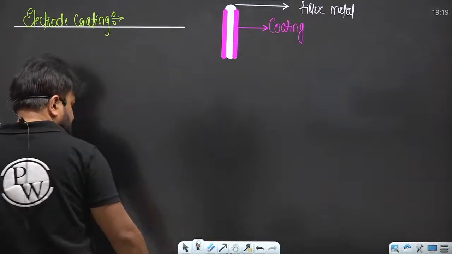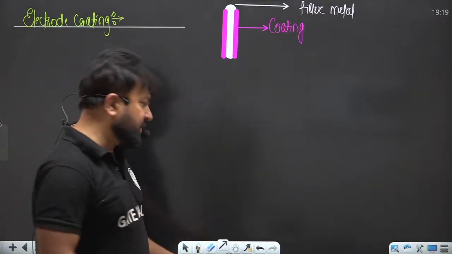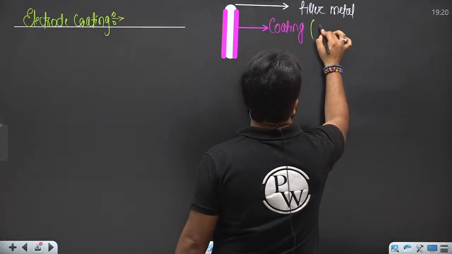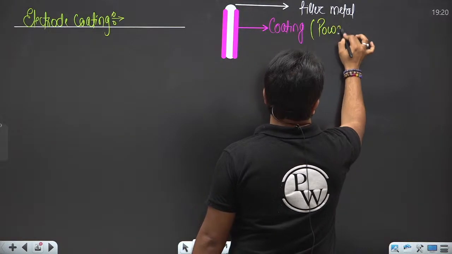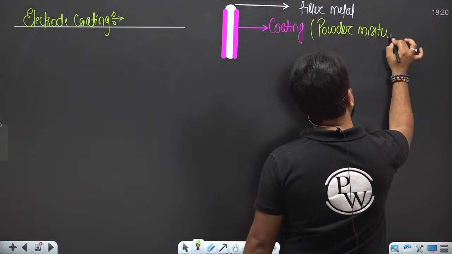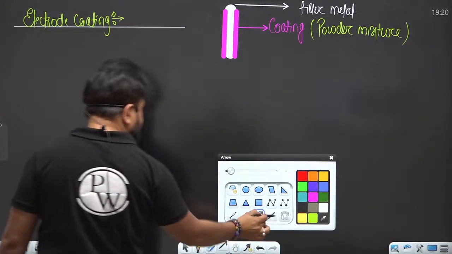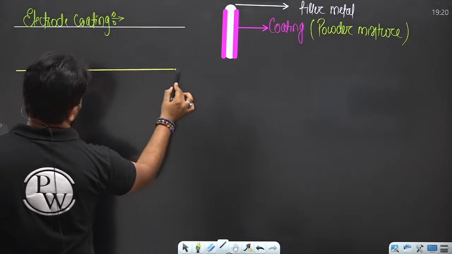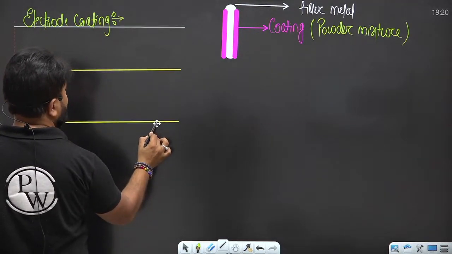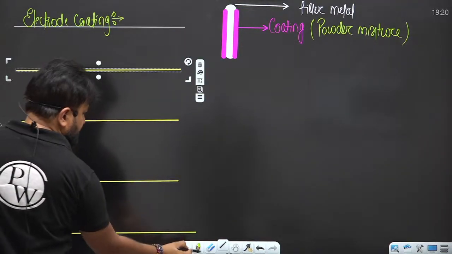This coating is basically made up of a powder mixture. In this powder mixture, write down which types of ingredients we have.